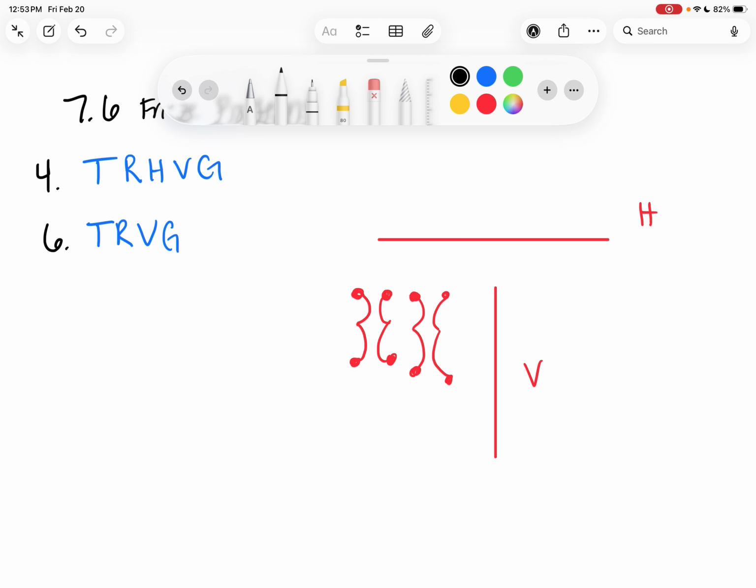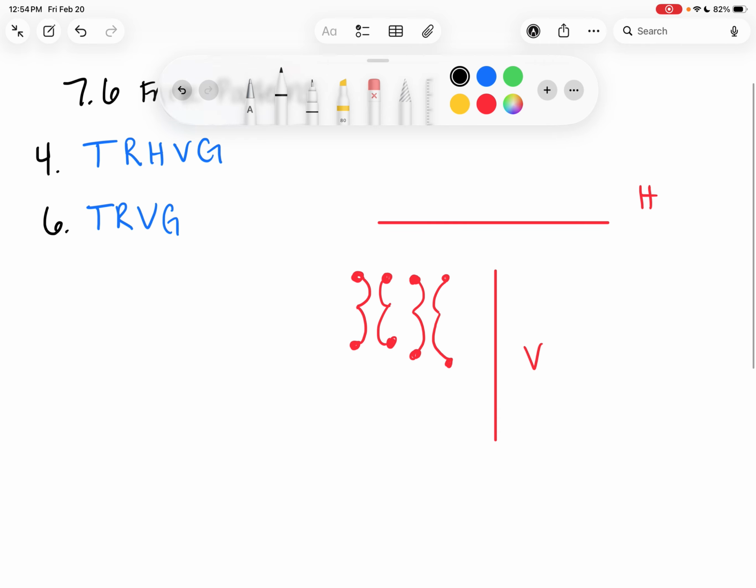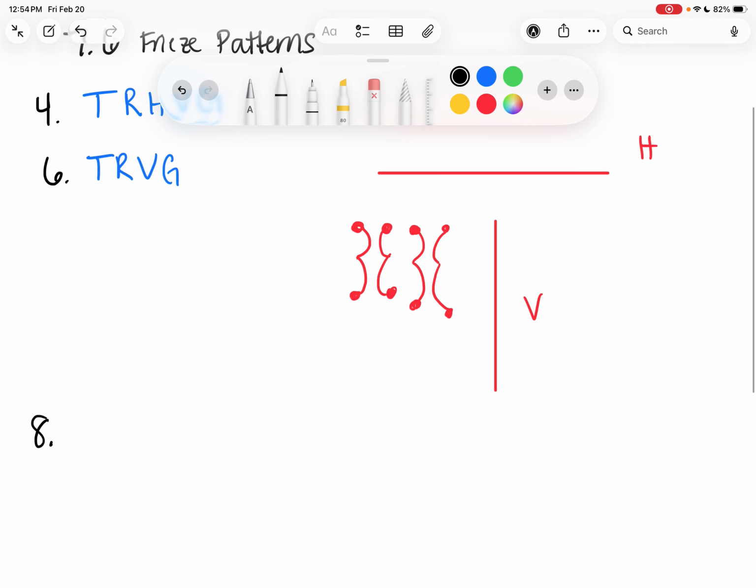Jumping down. 8. So this is looking at the different rows on the sweater. They show you which row of the sweater we're looking at. So in 8, it's technically the top row, but they've shown you a little picture of it here.